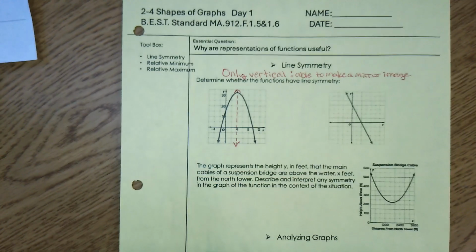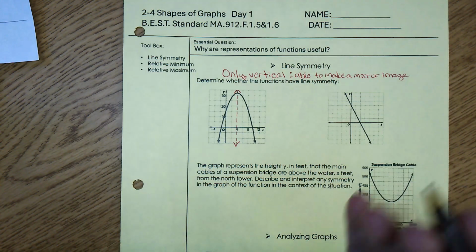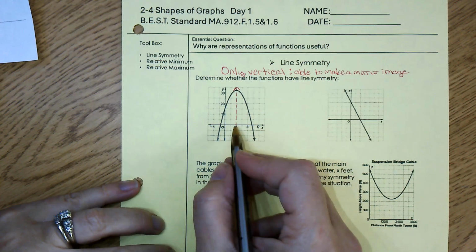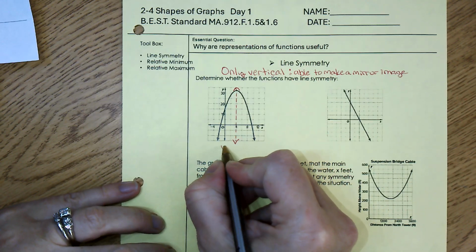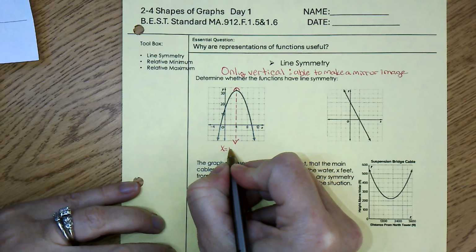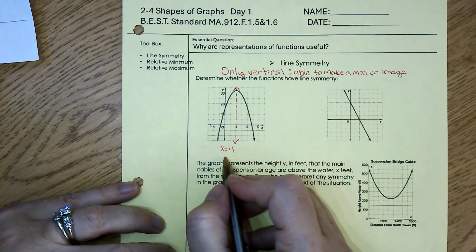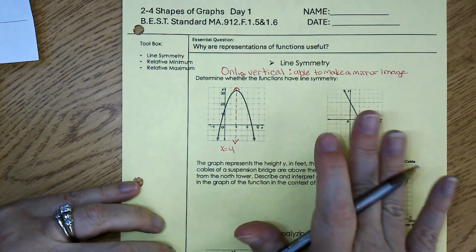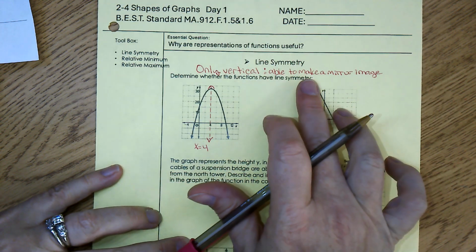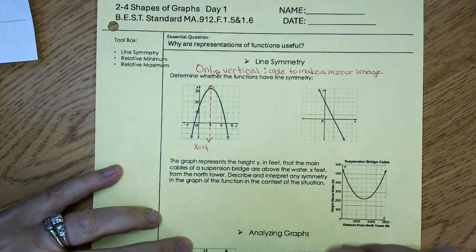They'd be mirror images of each other. And your line of symmetry is at x equals 4.